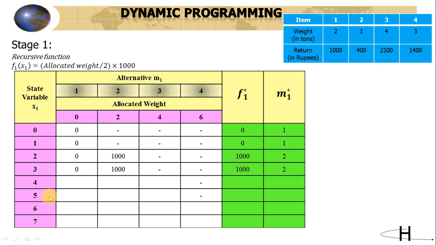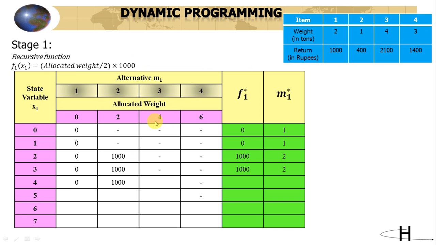Now let's consider the value of state variable x1 equal to 4. When we allocate weight 0, the recursive function value will be 0. When we allocate 2, the value will be 1000. Here we can also allocate weight 4 ton.